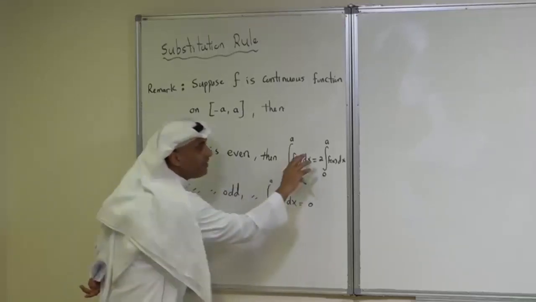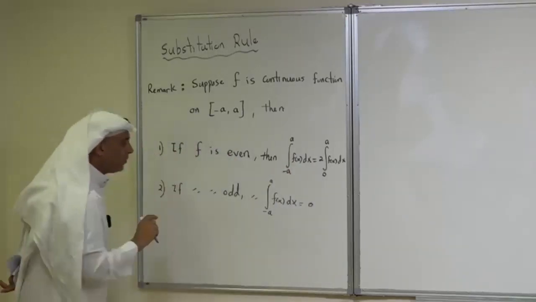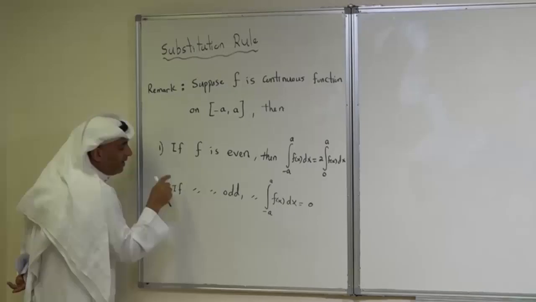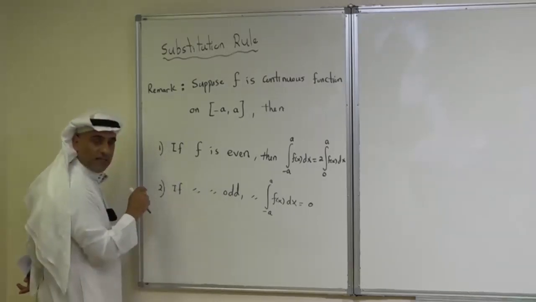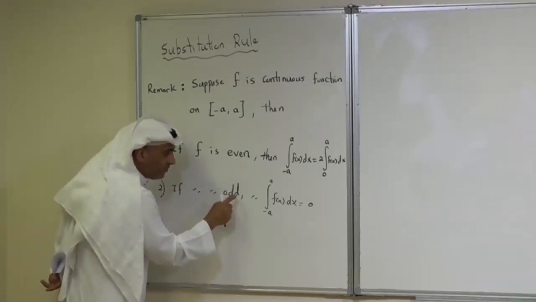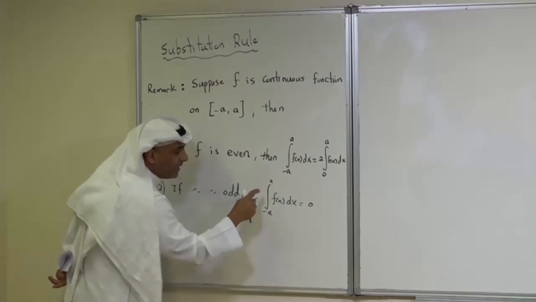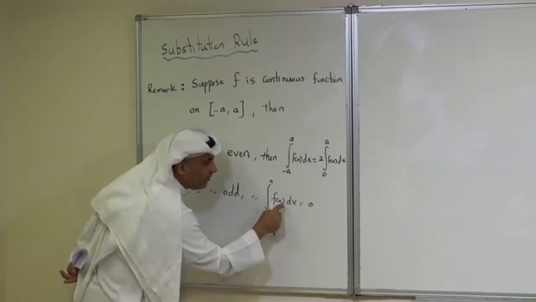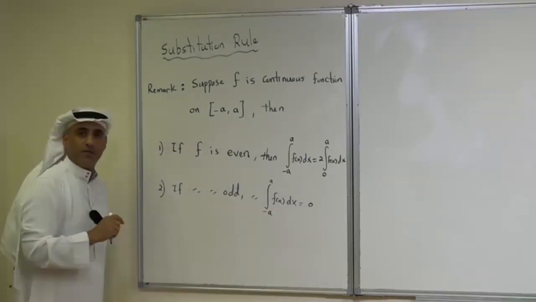This sometimes simplifies the calculation. The second one, which is interesting also: if f is an odd function, then the integral from minus a to a of f of x dx is equal to 0.